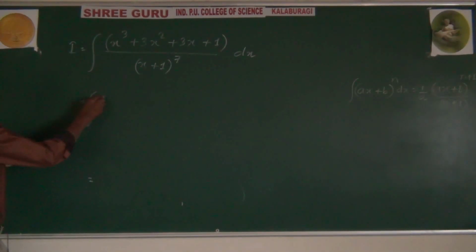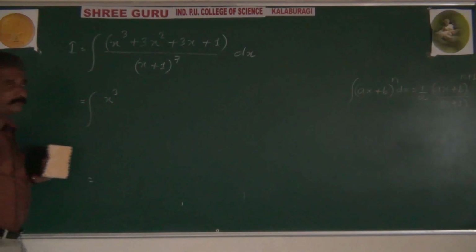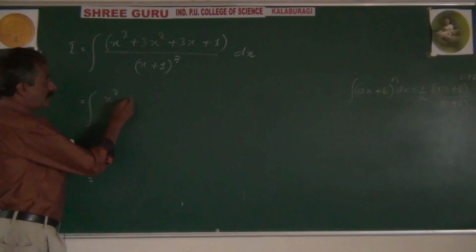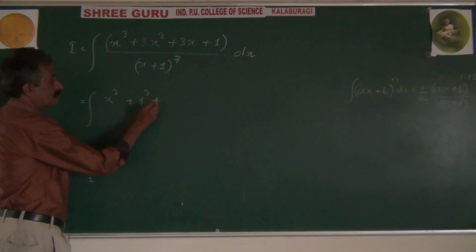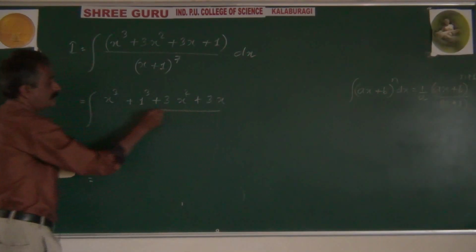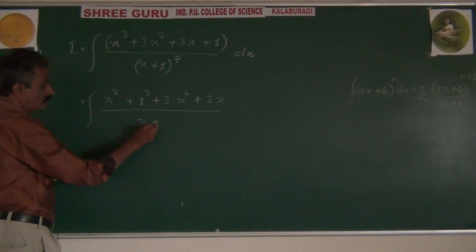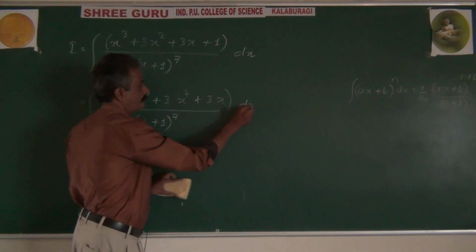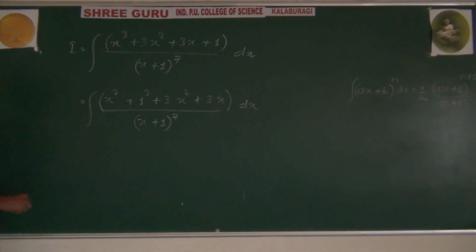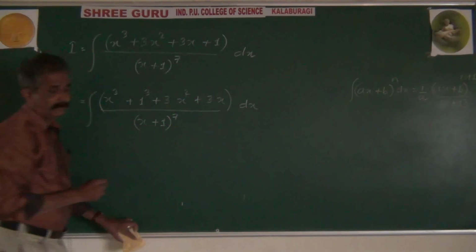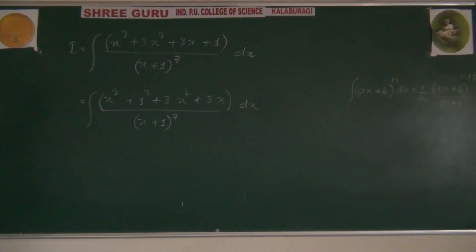That is equal to integration of x cube plus 1, which can be written as 1 cube, plus 3 into x square plus 3 into x, divided by (x plus 1) whole power 7. When you observe the numerator, a formula flashes in the mind.